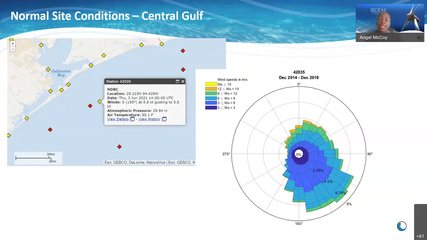And again, thinking back a few slides, here we see that the hub height wind speeds are in that 8 meter per second range. And the dominant wind direction here covers a wider swath than what we saw closer to that Corpus Christi, Texas area. Here we're looking at wind flows from 120 to 180 degrees. And it covers a much wider area there. Next slide, please.